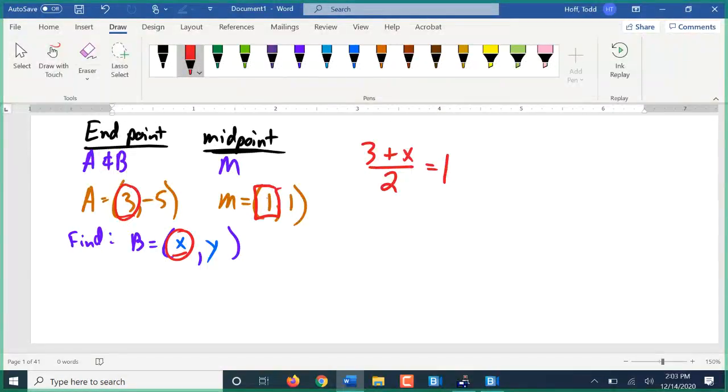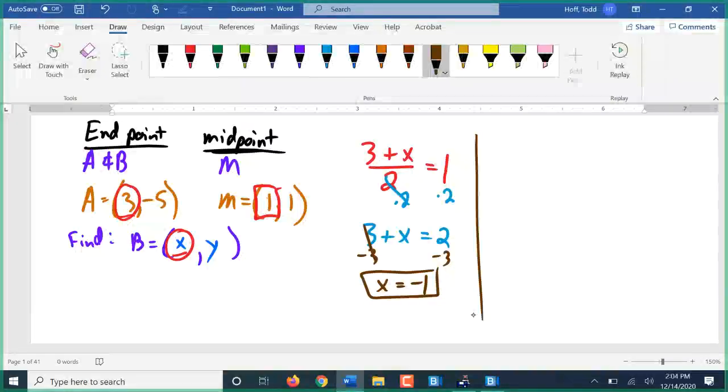So now I have created an equation here that I can solve to get that x coordinate. So to solve this, I'm going to multiply by 2. 3 plus x equals 2. And then I'm going to subtract 3. X equals -1.